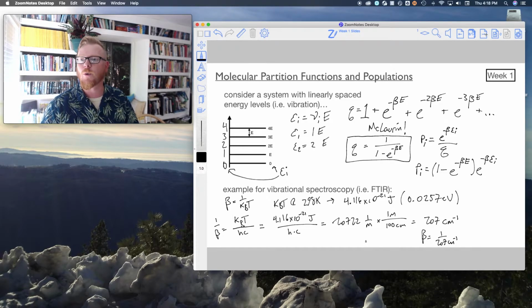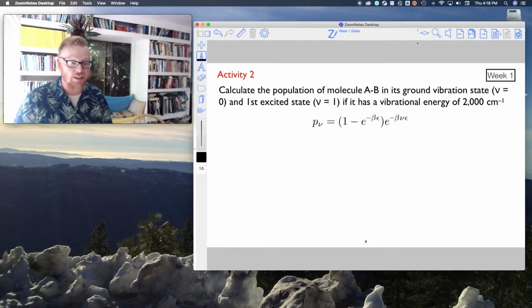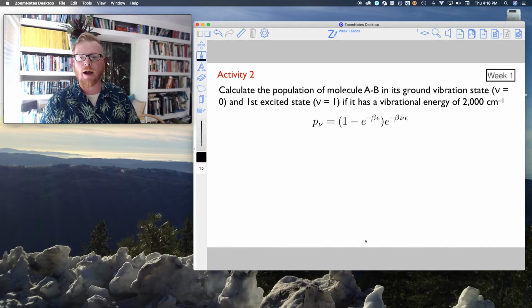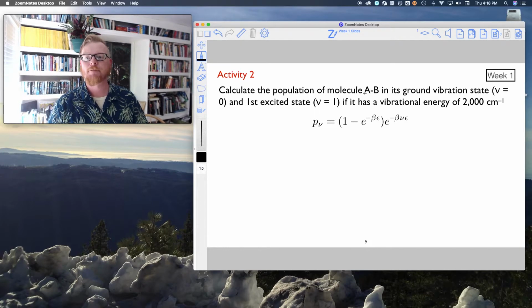Let's keep moving forward. Here's a calculation to make. Calculate the population of generic molecule AB in its ground vibrational state, nu is 0, and its first excited state, nu is 1, if it has a vibrational energy of 2,000 wave number.